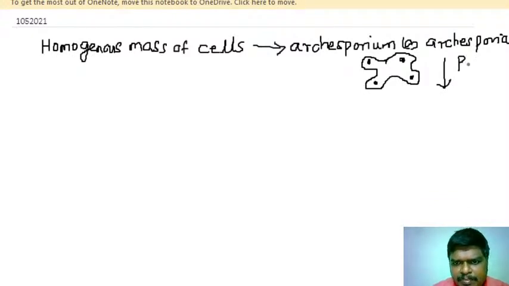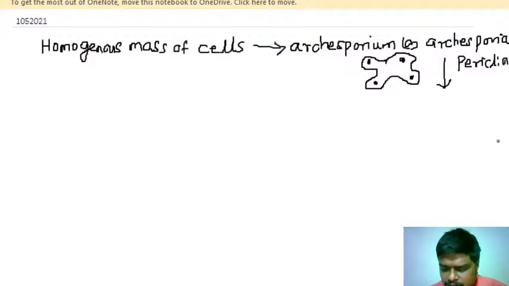The divisions can be periclinal division. The division can be like this, periclinal division, or it can be anticlinal divisions.